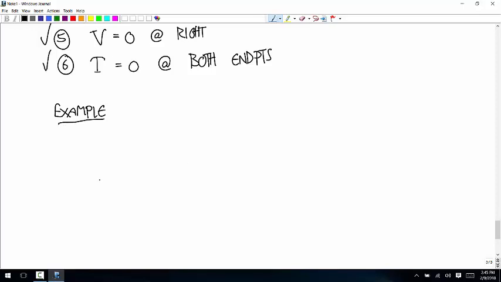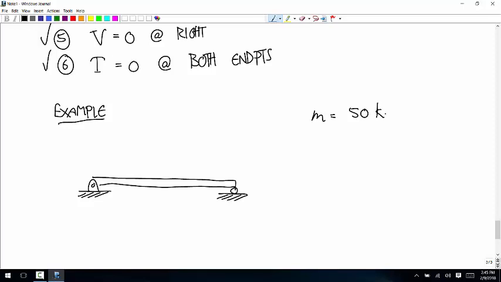Okay, so let's say that we have a beam connected to a pin joint at the left and a roller at the right. And let's say that this beam has a mass of 50 kilograms.